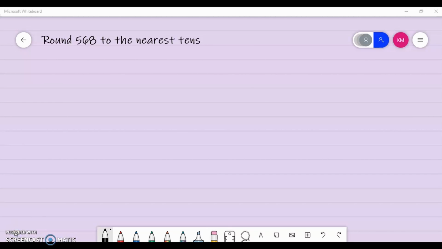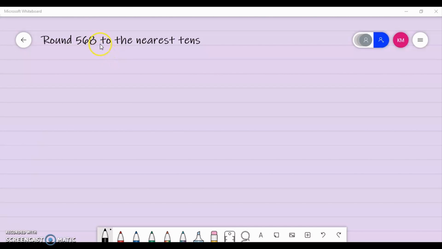Now let's take a look at what a question may look like. Round 568 to the nearest tens. Now, as you can see, we are not presented with a number line. So in this case, what we must do is simply examine our digits.